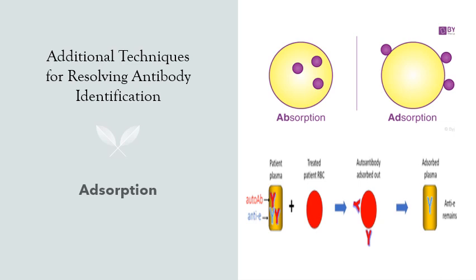Next is adsorption. So adsorption is where particles stick to another surface, like the illustration shows. So this is absorption, and adsorption is particles sticking to another surface. In this technique, an adsorbent, which are the RBCs, are added and incubated with the serum or plasma to remove or adsorb antibodies.